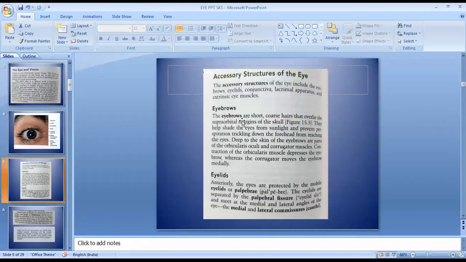Like eyebrows. These are called accessory structures of the eye, but they have very important functions, not only beautifying the face. Eyebrows are short, coarse hairs that overlay the supraorbital margins of the skull.